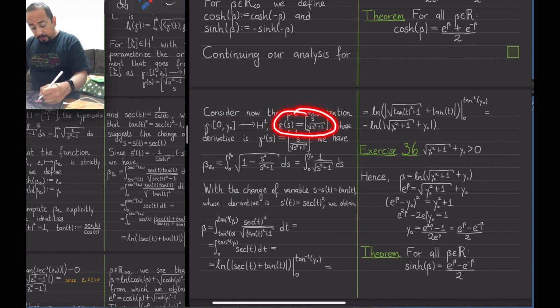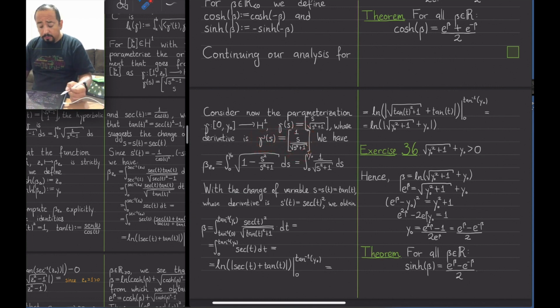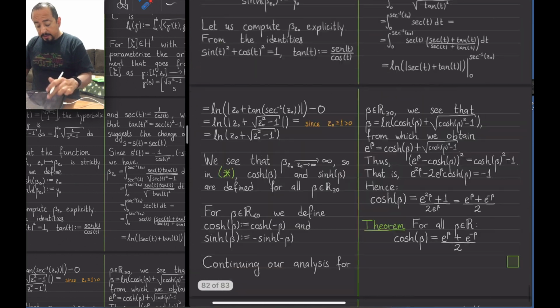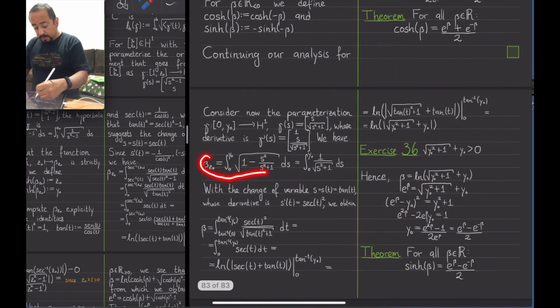You see, y functions as parameter, and the other coordinate is written in terms of that y, the first coordinate. So derivative, quite straightforward. The length of that same segment is then this integral, where inside the square root it's this one minus this one.